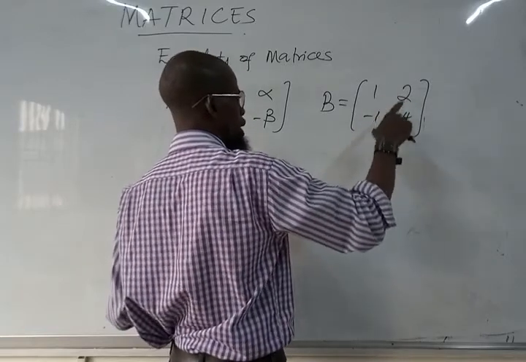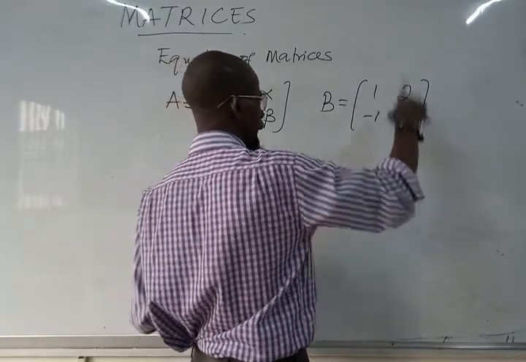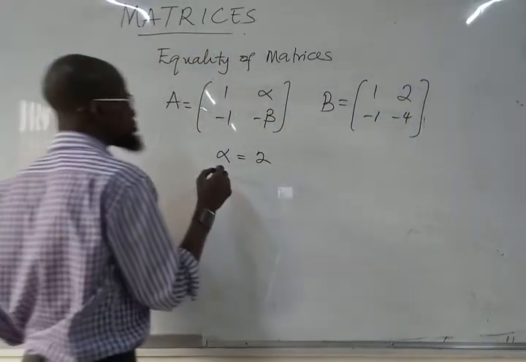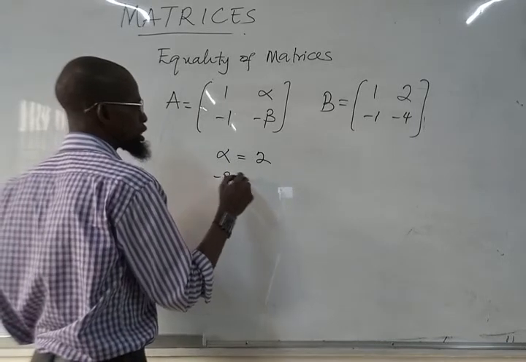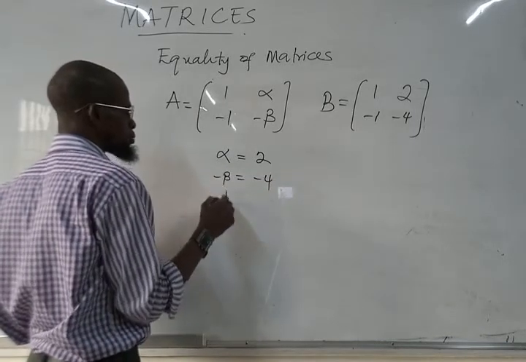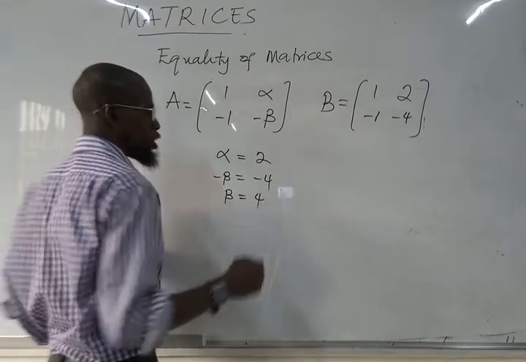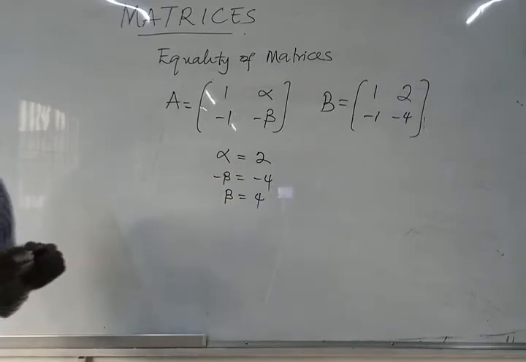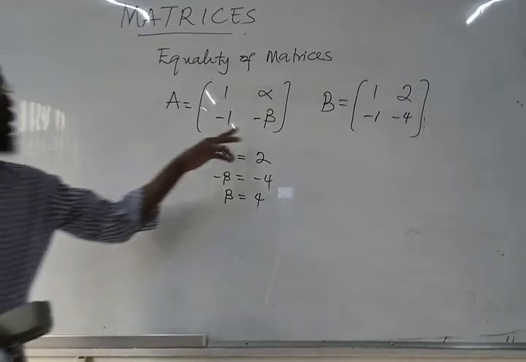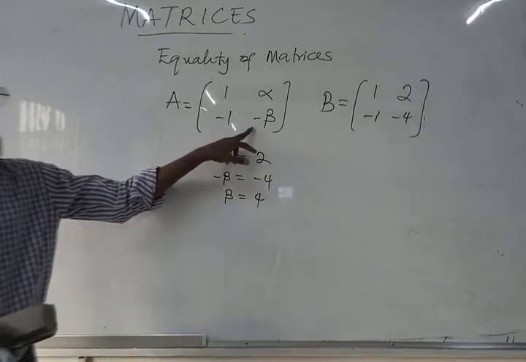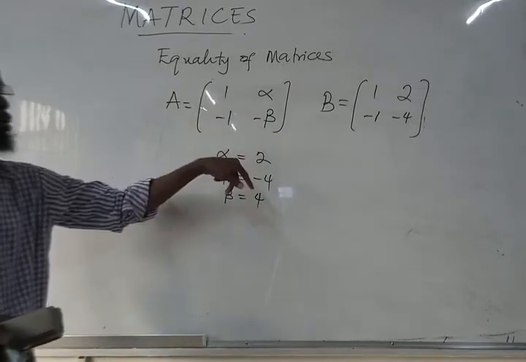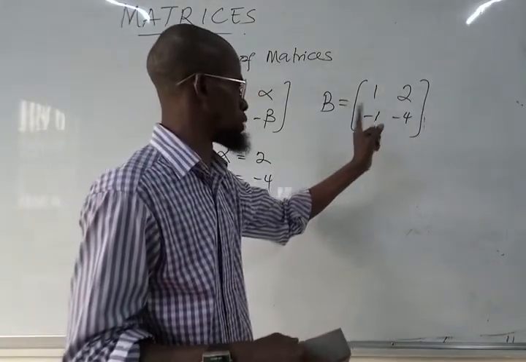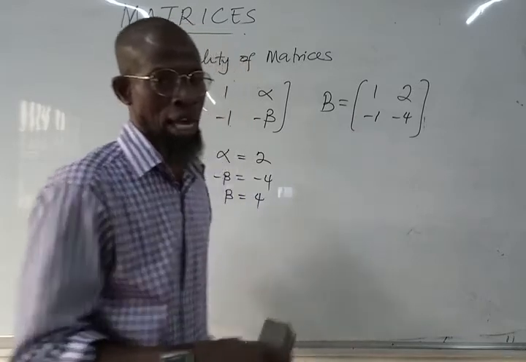Likewise, minus beta is equal to -4, which implies that beta is equal to 4, because beta is on the second row and second column, where the corresponding element is -4.